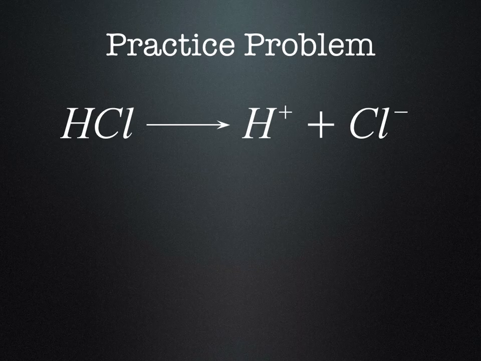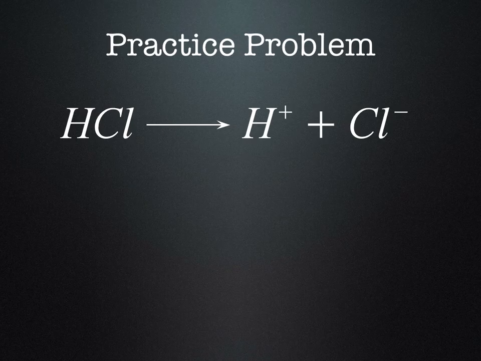Well, if we look at the right side of the equation, we'll note that we have an H plus and a Cl minus. We're not so focused on the Cl minus, but we have an H plus. This H plus tells us that we have a high number of hydrogen ions, or sometimes called hydronium ions, inside of our solution.